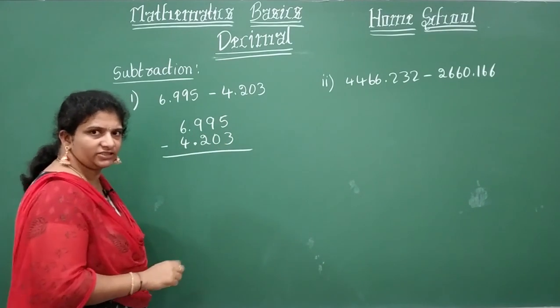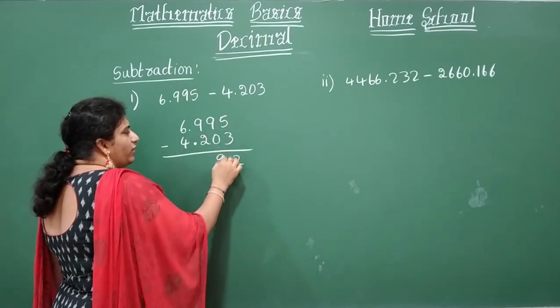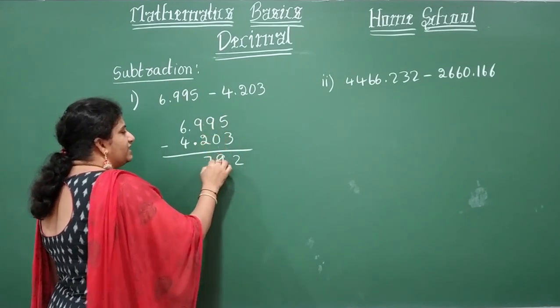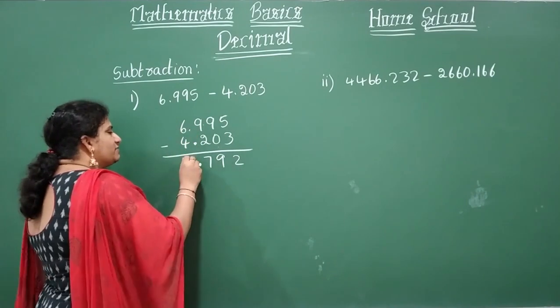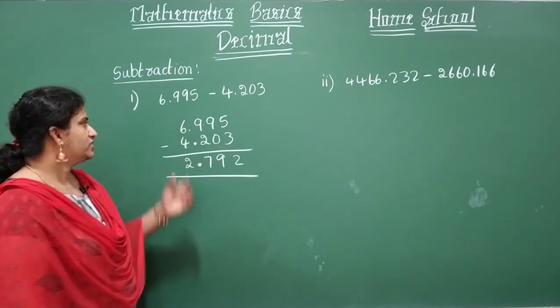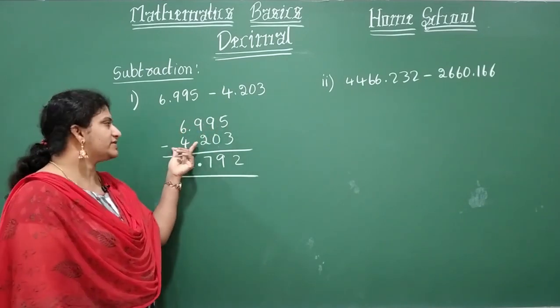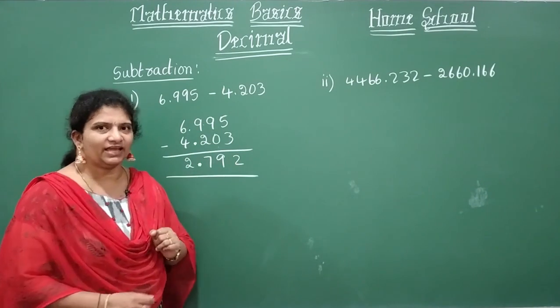Normally you do subtraction. Don't panic. 5 minus 3, 2. 9 minus 0, 9. 9 minus 2 will be 7. Now put the point down. And then 6 minus 4 will be 2. Yes, this is the difference. So in 6.995, if you subtract 4.203, your answer is 2.792.